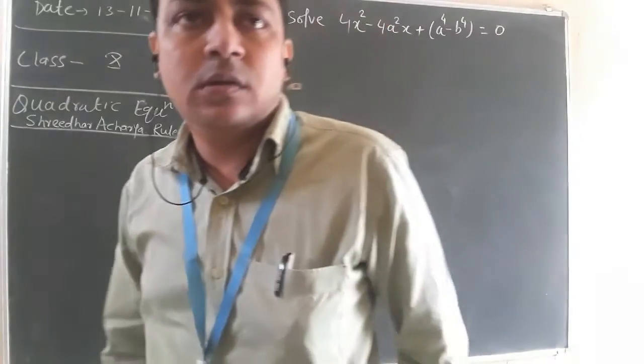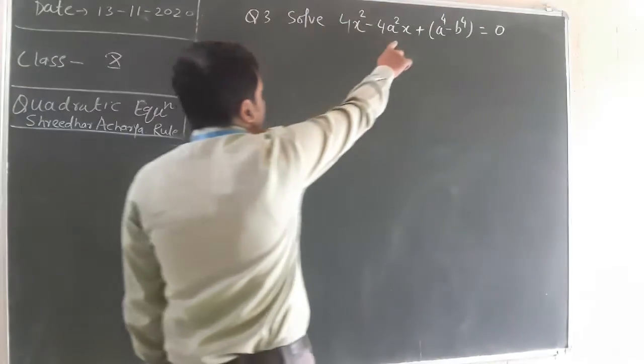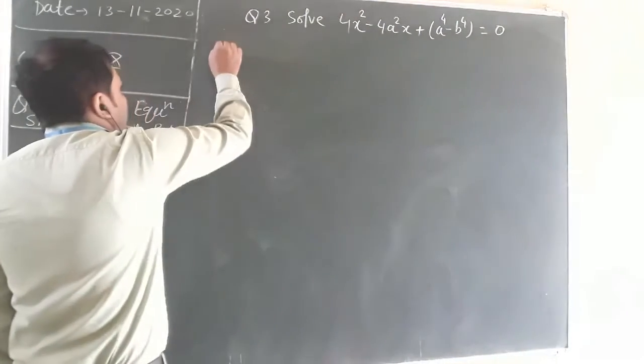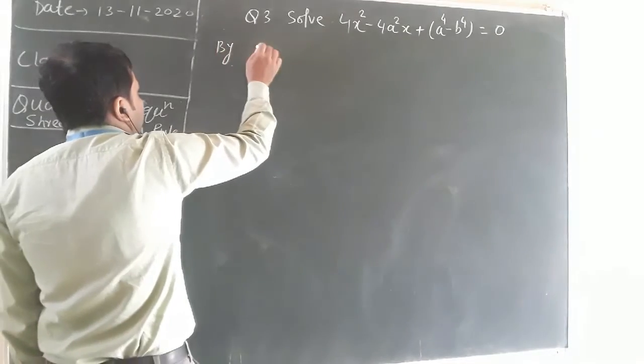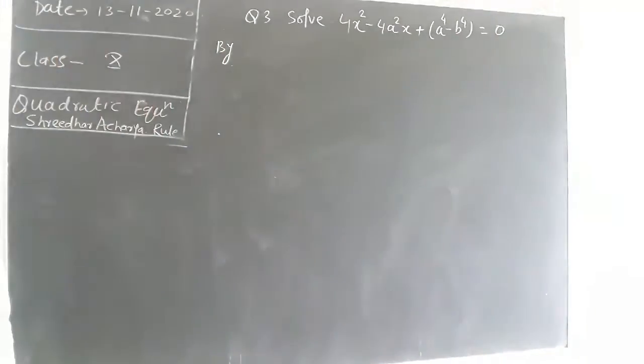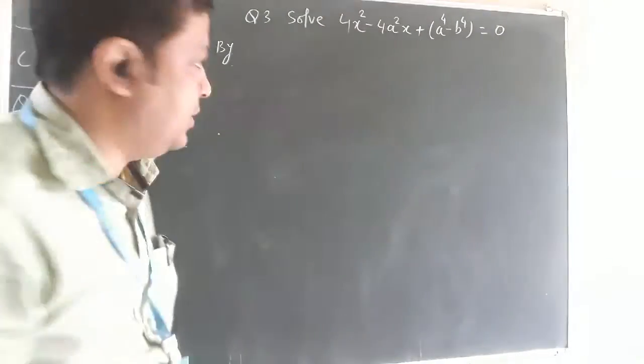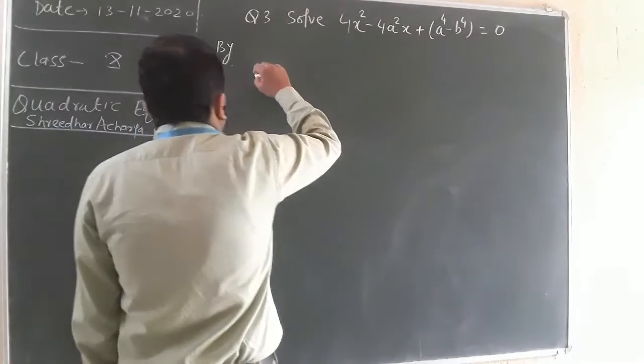See, this is the third question, that is an important question. Here also the coefficient is a. By using the quadratic formula, we will convert the coefficient of x square, x and constant term as capital A, capital B and capital C, because the small a is given.